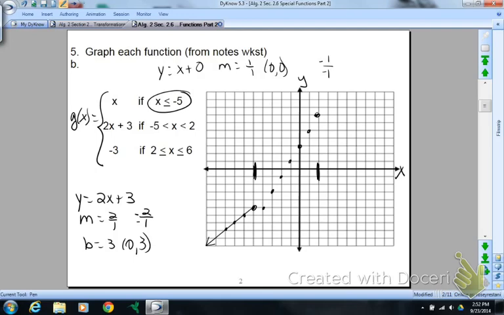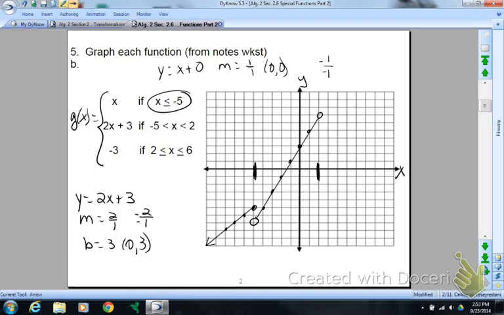Open circle right here at negative 5, and an open circle right here at 2. So our line goes from those two open circles. Okay, does everyone agree with that?